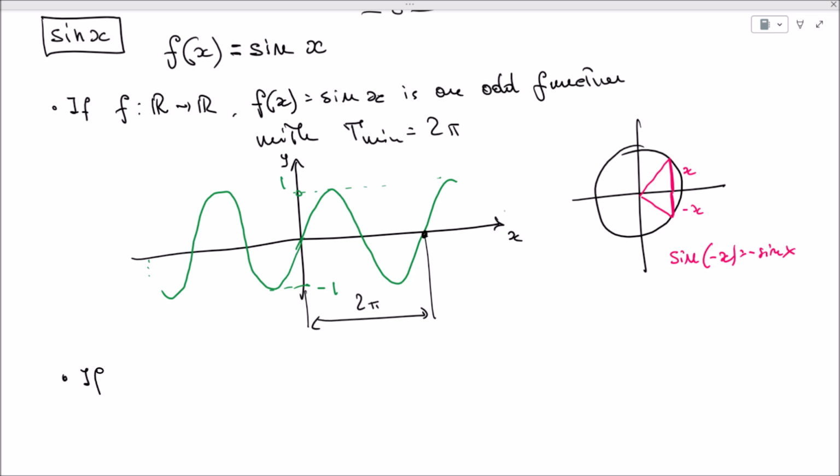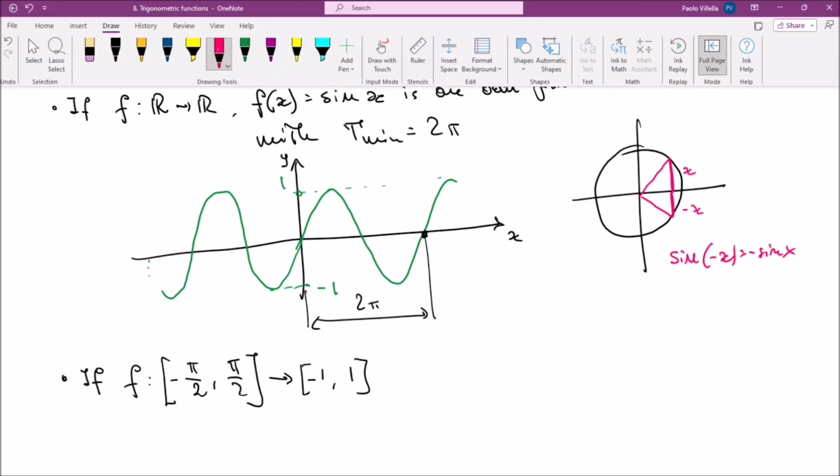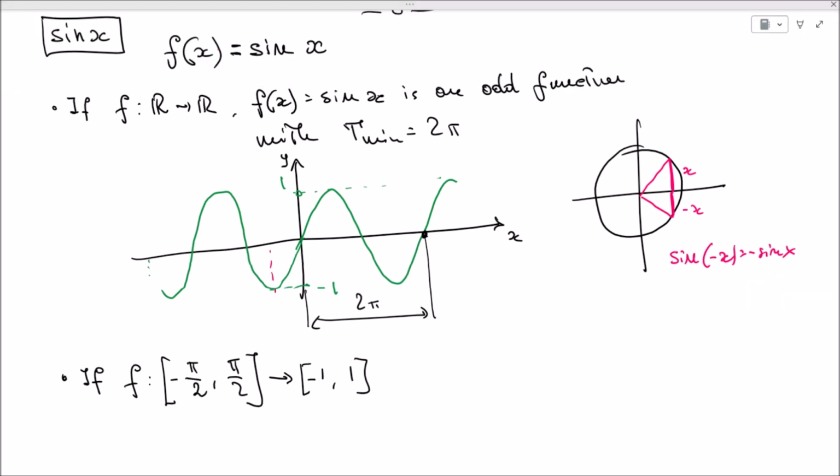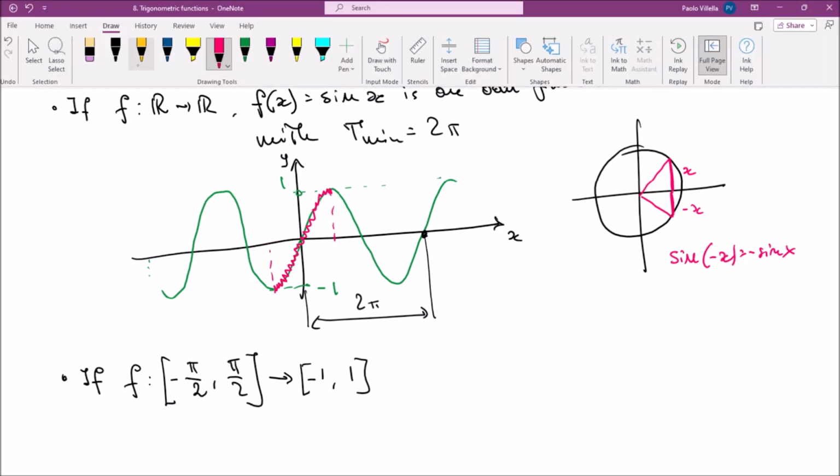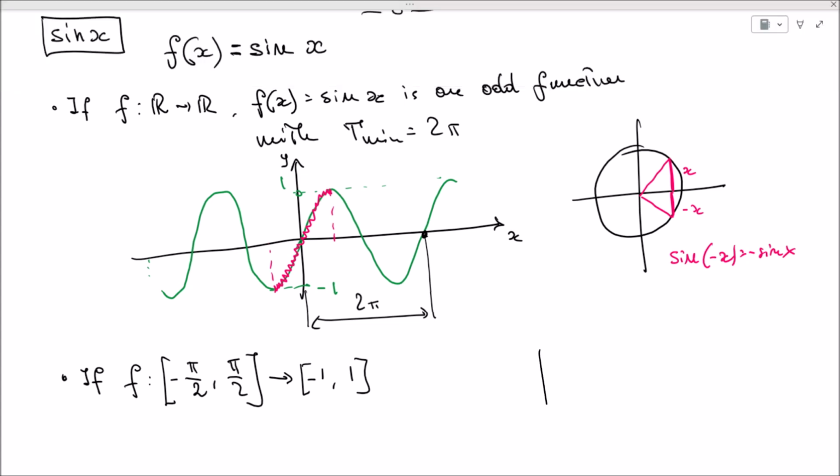And we say that if we consider f from minus pi over 2 to pi over 2 to minus 1, 1, which is just like saying that we are basically considering only this interval, this part of the function. So I will repeat drawing here.